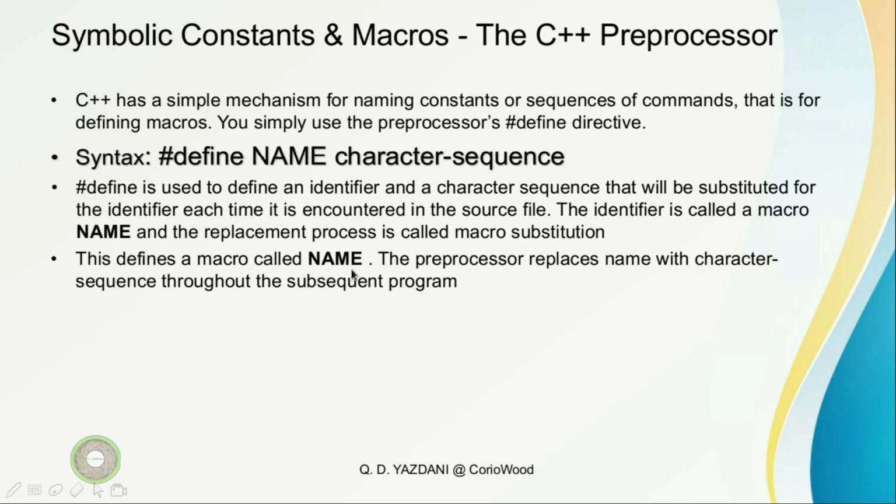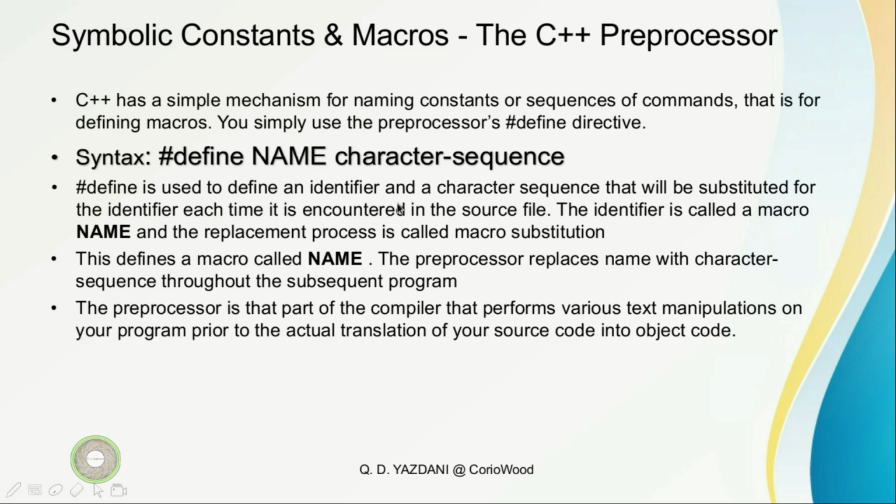The preprocessor replaces the name with the character sequence throughout the subsequent program. So if you put 100 and then write cout with the name, C++ immediately puts the 100 there.